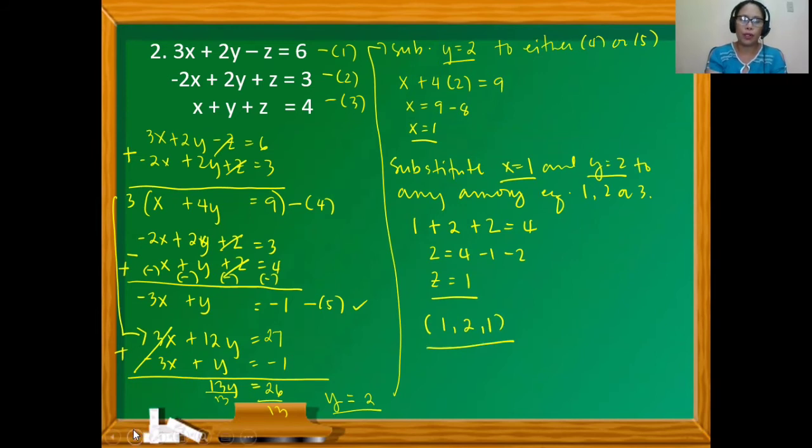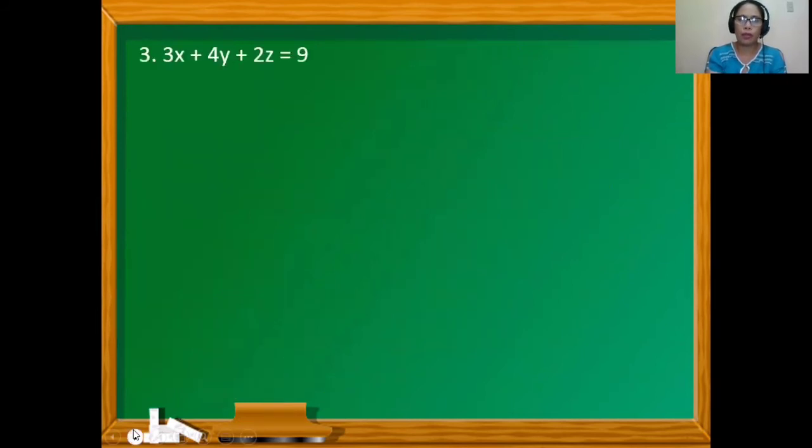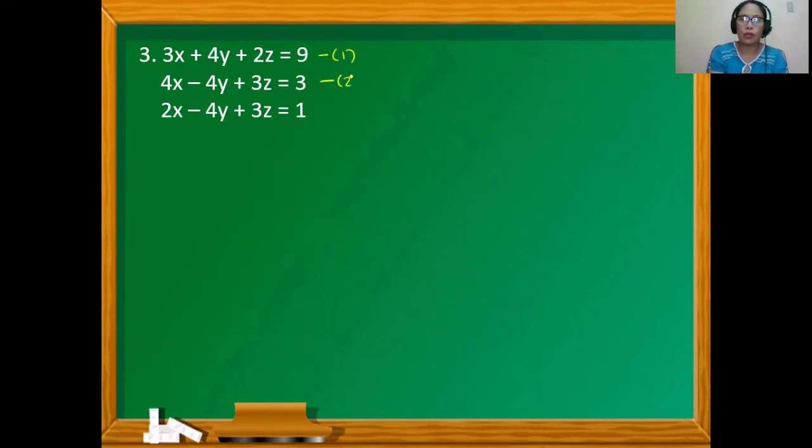Okay, so let's work on another example. We'll consider these as equation 1, these as equation 2, and these as our equation 3. Now, in the event that we come up with three different coefficients of any among the variables, what we will do is rename each equation.